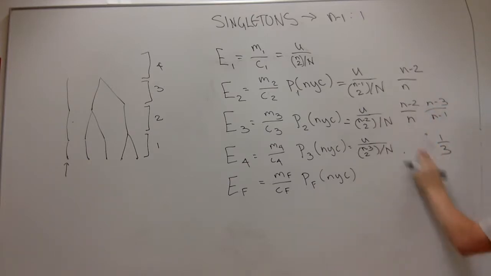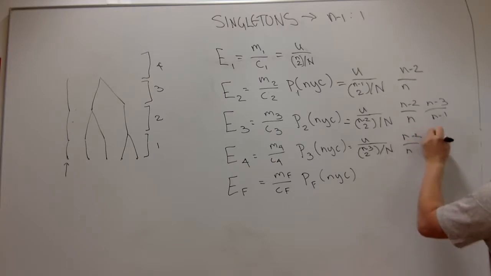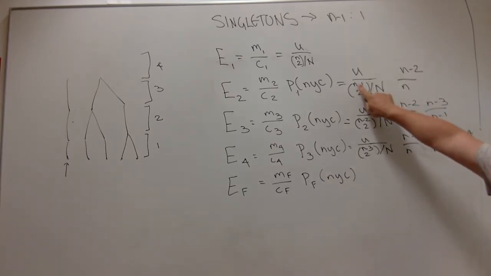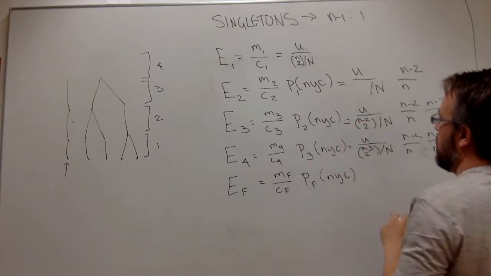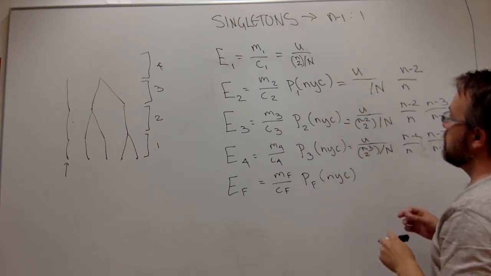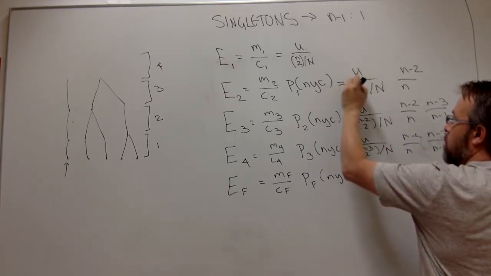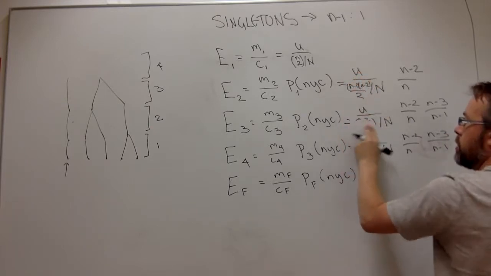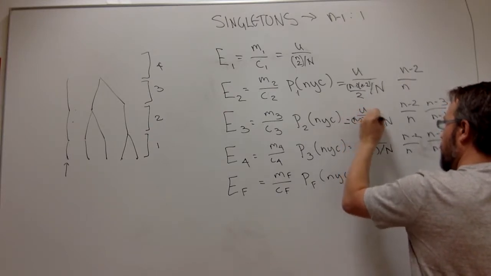And then here we have n minus 2 over n, n minus 3 over n minus 1, and n minus 4 over n minus 2. We can also recognize that n minus 1 choose 2 can be written as n minus 1 times n minus 2 over 2. And this is n minus 2 times n minus 3 over 2.